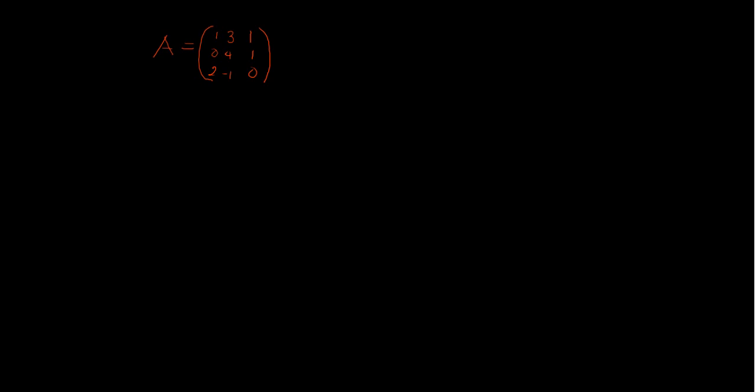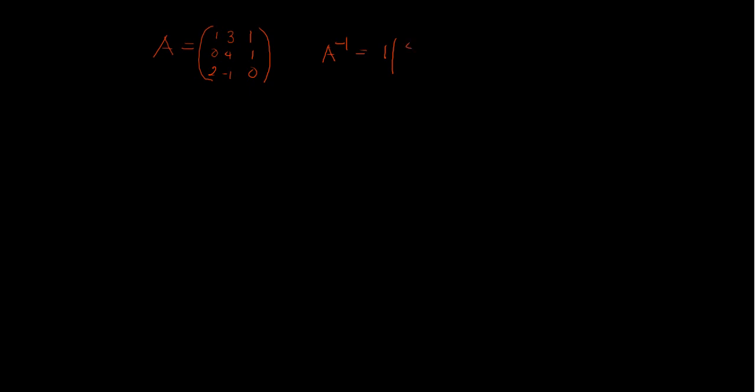In this matrix, step 1, we should find the determinant. From the first row we can expand. So 1 times the minor matrix, which is 4 1 minus 1 0.